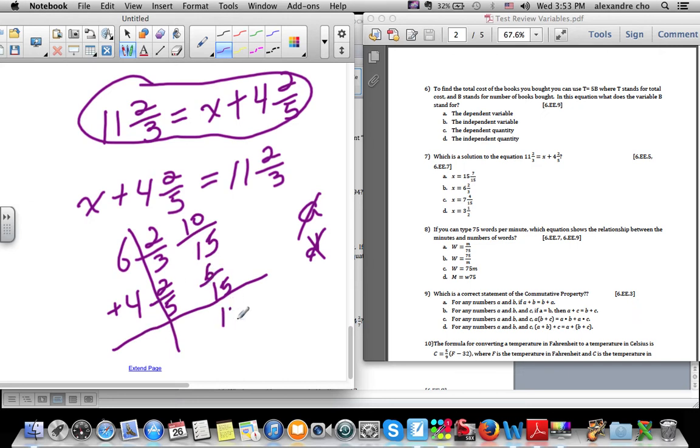So 16 over 15, which becomes a mixed number, 1 and 1/15. That gives me 11 and 1/15, which is none of my answers.